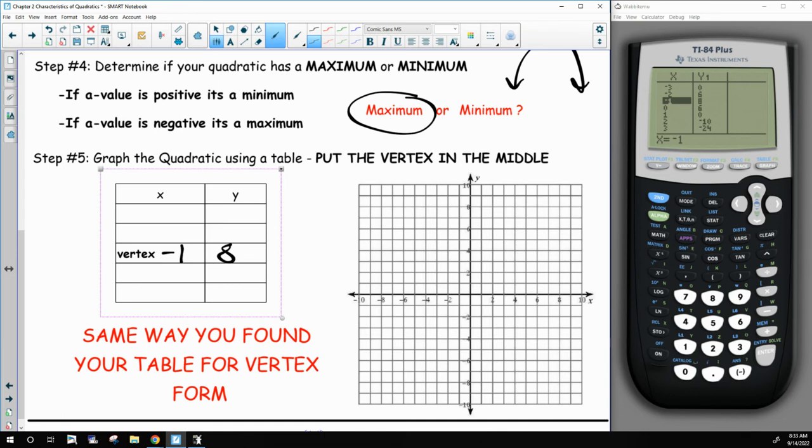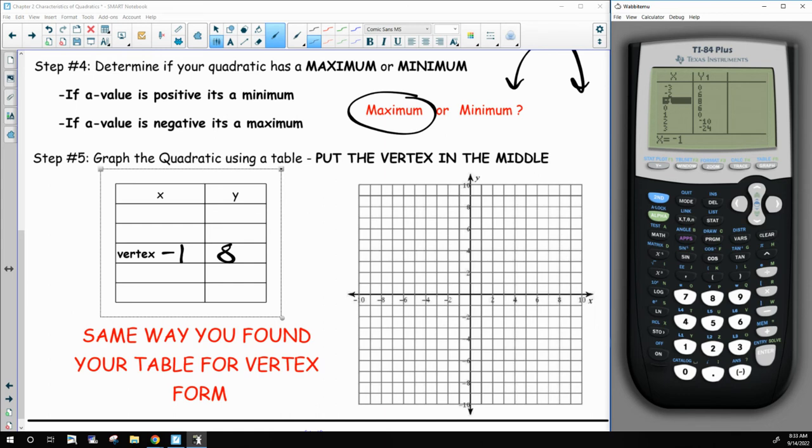Okay, and because we have already put in our equation and gotten to our table to find the vertex, our table is already up and ready to go. So if you didn't have your table up, remember you put y equals, plug in your graph, second graph to get to your table. Here's our vertex, -1, 8. We're going to copy down the 2 points above it and the 2 points below it.